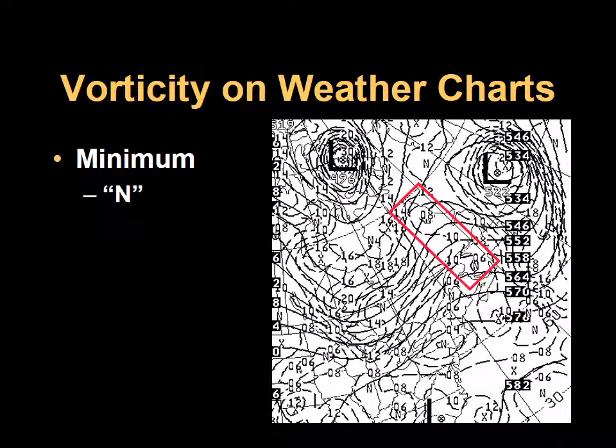When you see N's, those indicate minimums of vorticity, and you can see weaker vorticity in this area. And this is how we pick out ridges and troughs, because ridges have minimum vorticity and troughs have maximum vorticity. And when I say troughs, I'm talking about short waves. Vorticity helps us visualize short waves.